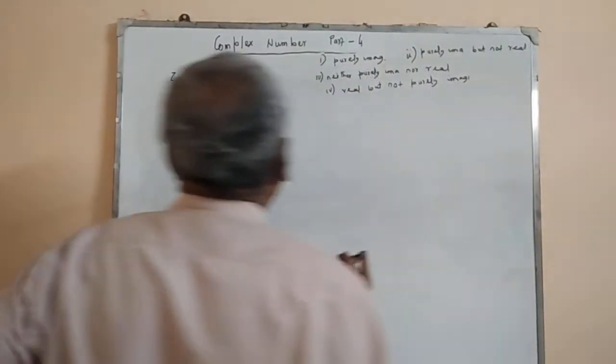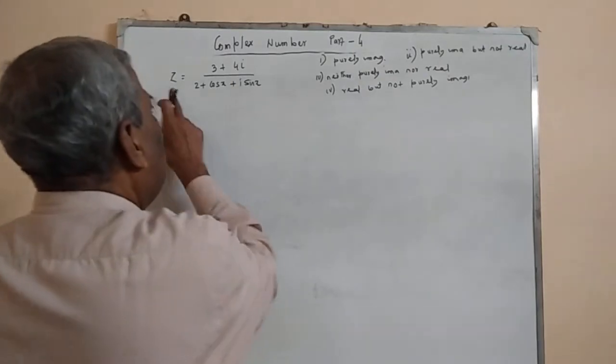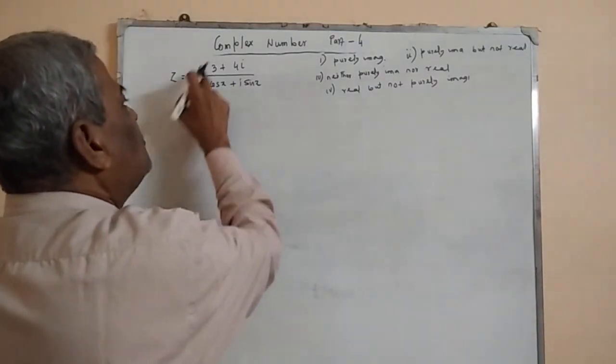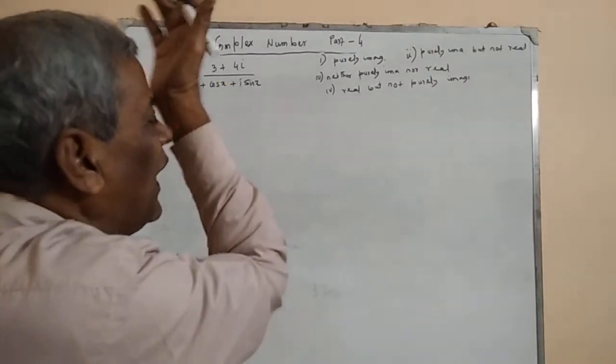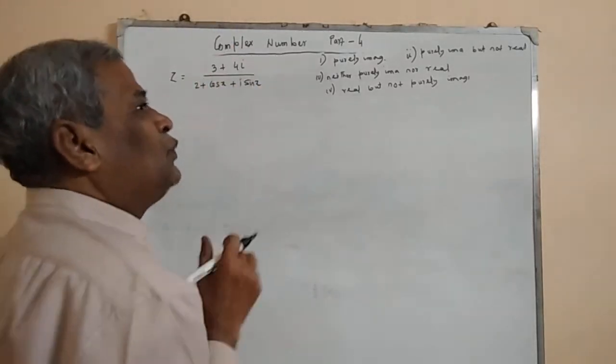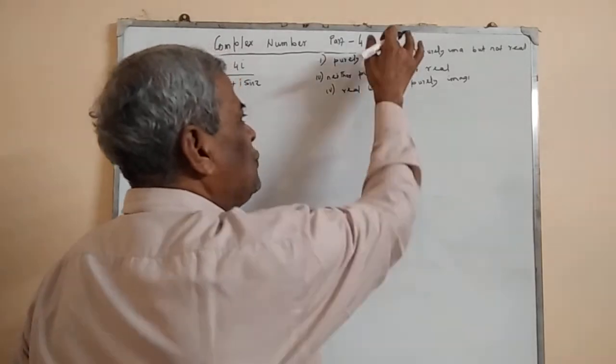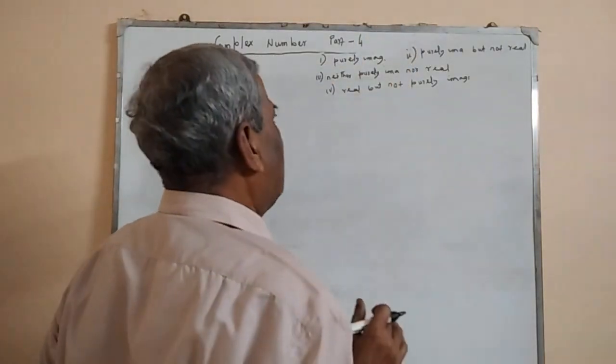So let us see what the actual problem is. z is given in terms of known terms, 3, 4, sine, cos, etc. We have to find out which of the following four options are correct.